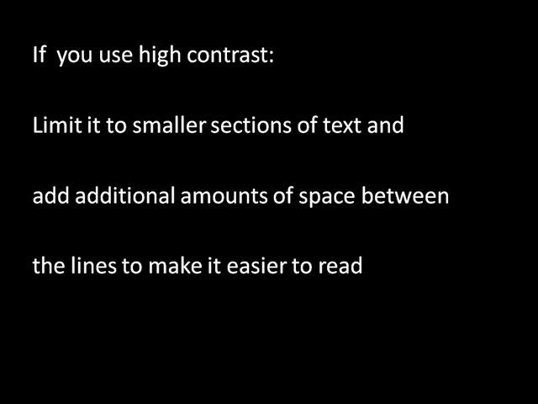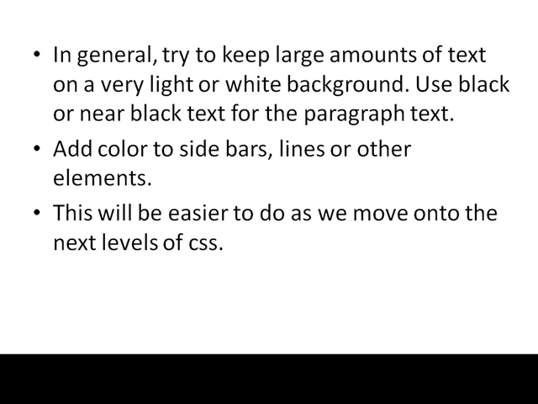Don't put an entire term paper printed like this. It's too contrasting and too difficult to read. Add additional amounts of space between the lines to make it easier to read, just like I've done here. So you really have to be conscious that it's difficult for people to read on the web, and we're going to have a whole other lecture about that. So if you're going to use this high contrast, just do it in small sections.